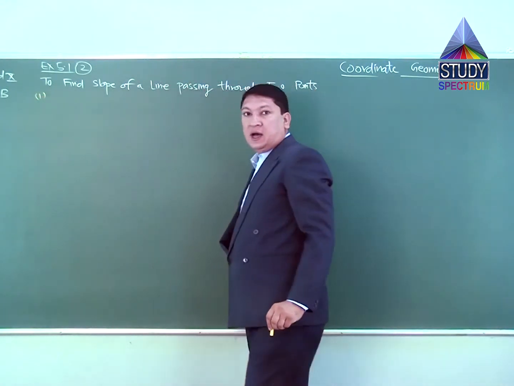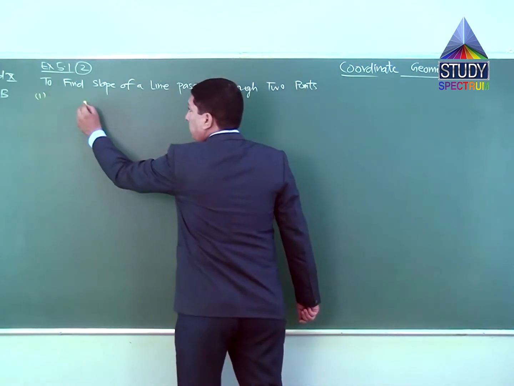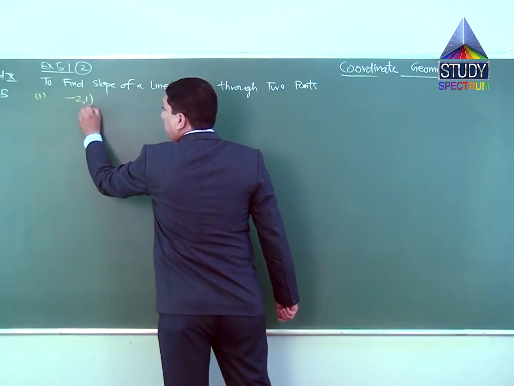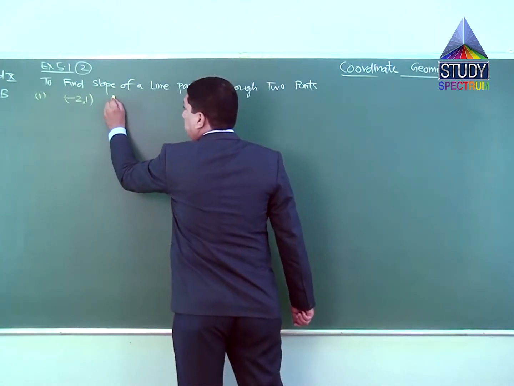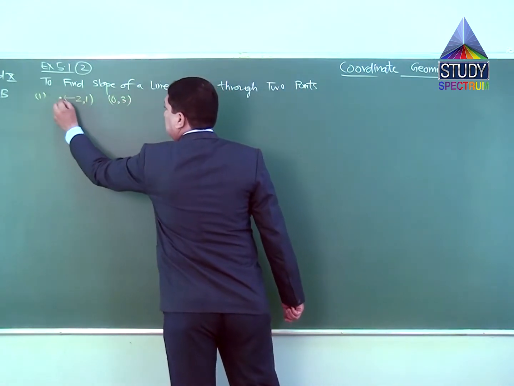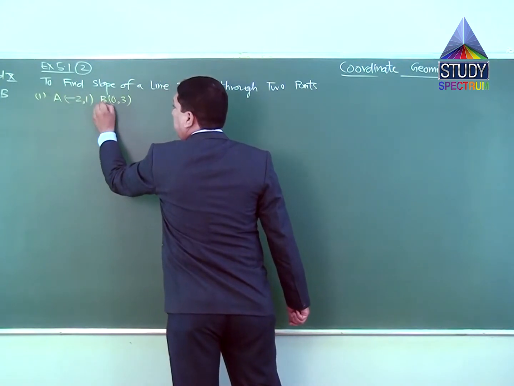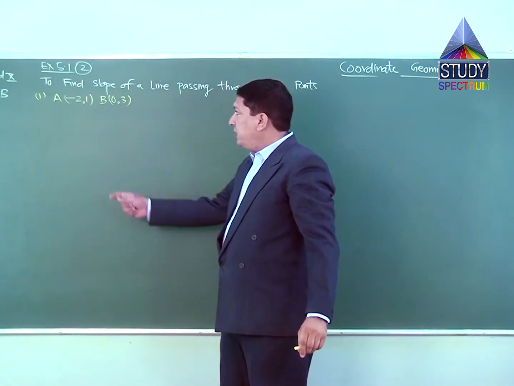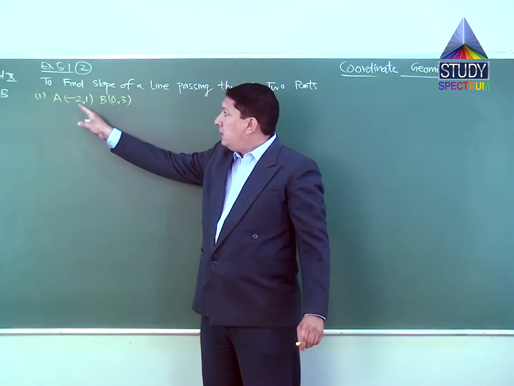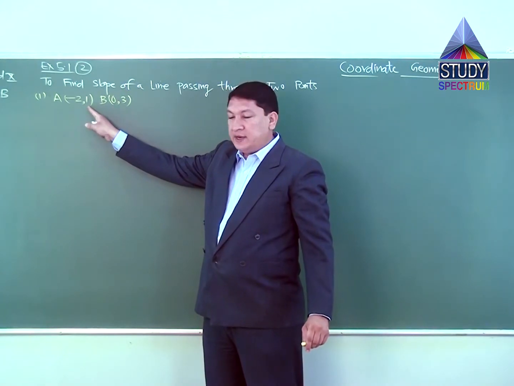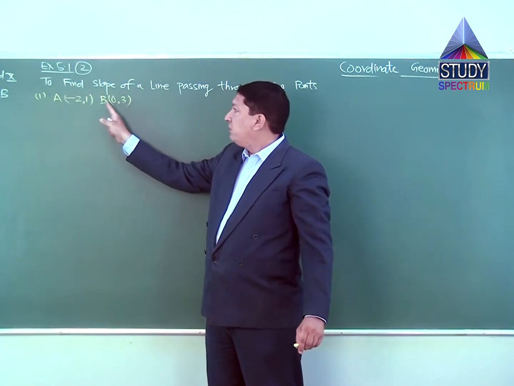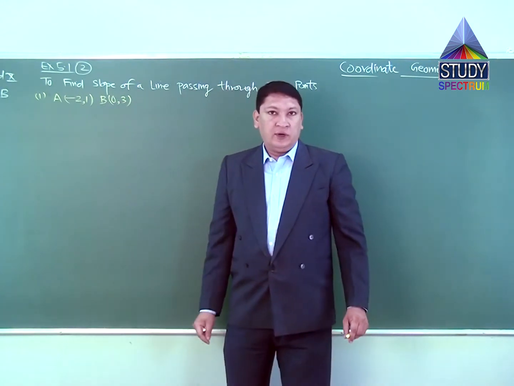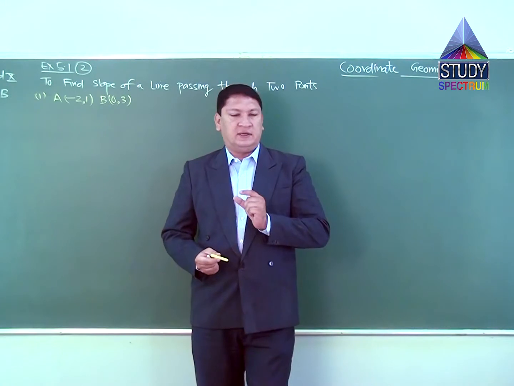Points given to us are -2, 1 and the other point is 0, 3, and these are point A, point B. So there are 2 points A, B, where -2, 1 are the coordinates of point A, and 0, 3 are the coordinates of point B. We also know that every point has coordinates.